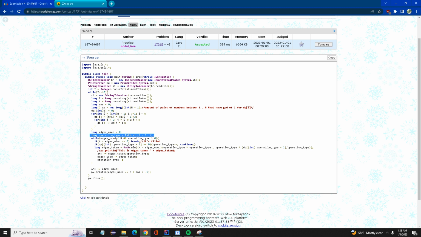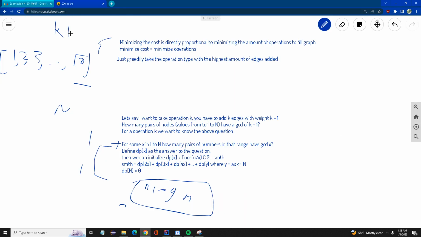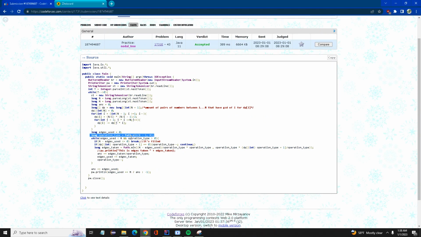Your operation type can't be more than n, because there's no way the GCD is going to be greater than n, since all the numbers are smaller than n. If your operation is k and it's k plus one, make sure that k plus one is not greater than n. So just start with n minus one, because here you'll add one. This is just for out of bounds exceptions. It's the annoying thing.